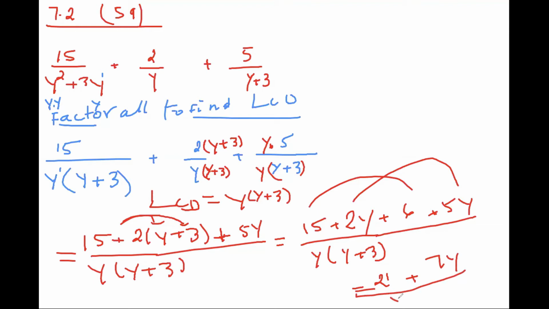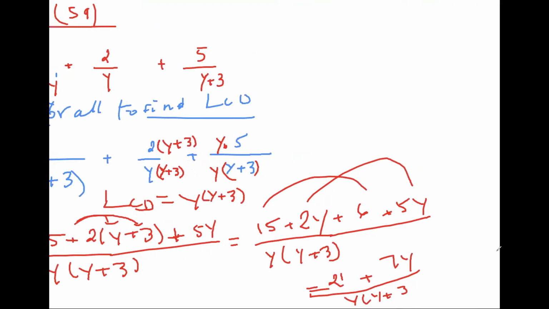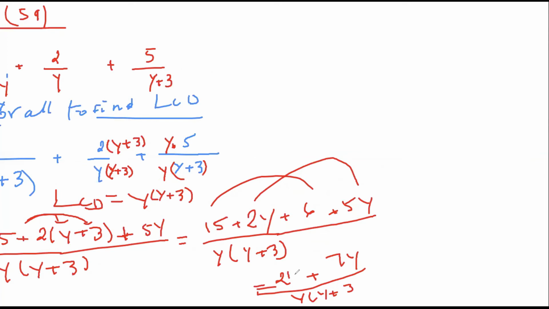Over, the denominator stays the same. Again, you don't need to distribute it. Leave it like that. But can we simplify this more? You always try to factor. See this here? We have 21 plus 7y. Can we factor? So always try to factor at the end. Can we factor that? No. Are you sure?